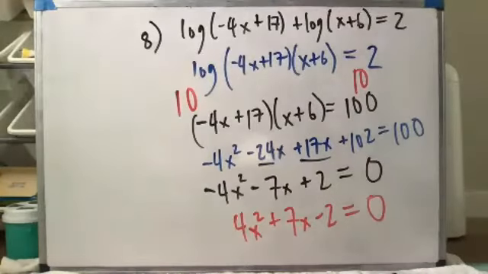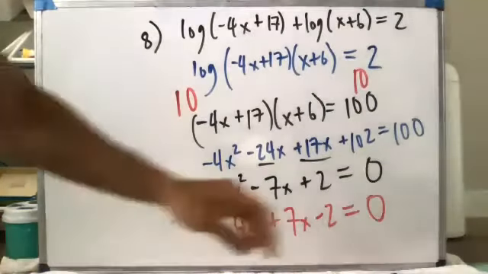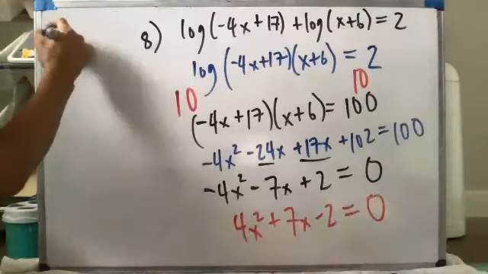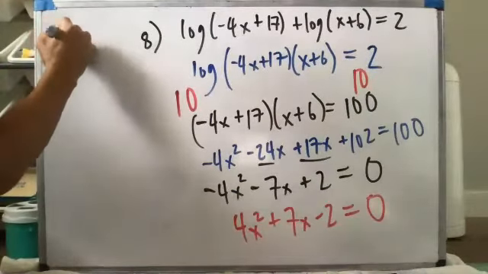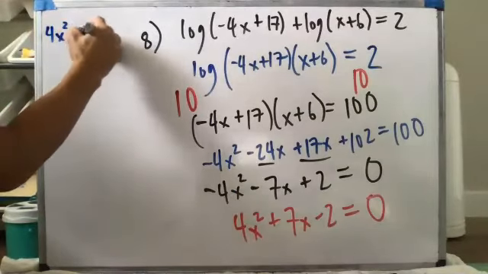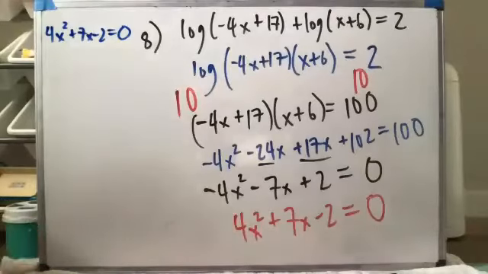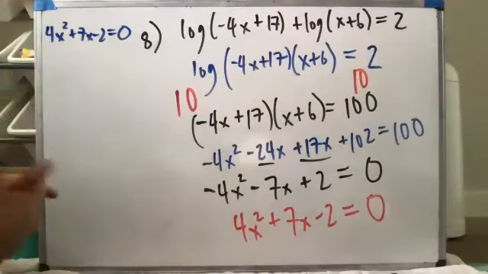Let me do that on the left just like last time. Start by copying down that equation: 4x squared plus 7x minus 2 is equal to 0. This time I'll skip straight to the quadratic formula because I don't see a nice way that this is going to factor.